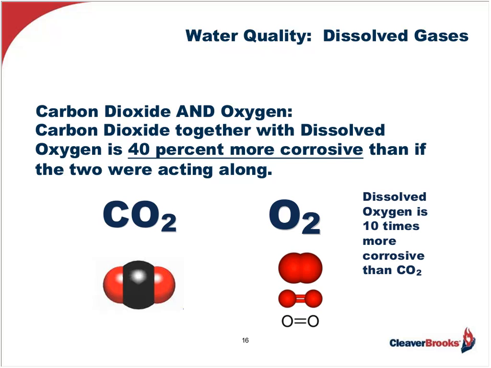So it's imperative that we get rid of as much of these gases from our boiler system as possible to not only save energy by reducing blowdown, but preserve the life of these very expensive and important assets as well.